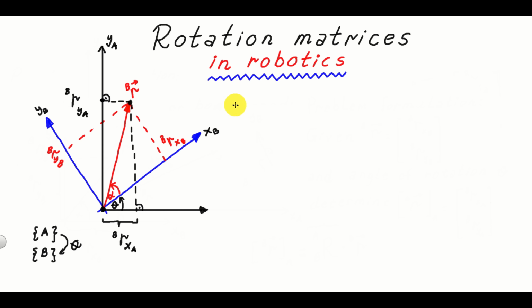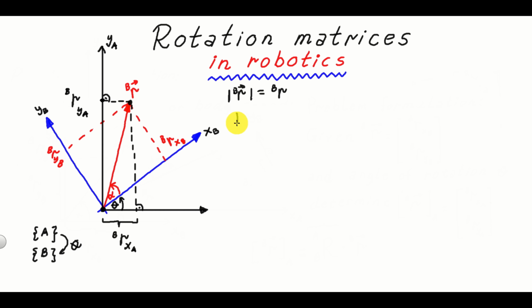Okay, let's start with derivations. First of all, let's simplify the notation a bit. Let's denote the intensity of the vector RB simply as RB. And let's continue. First of all, let's see what this projection RB XA is.